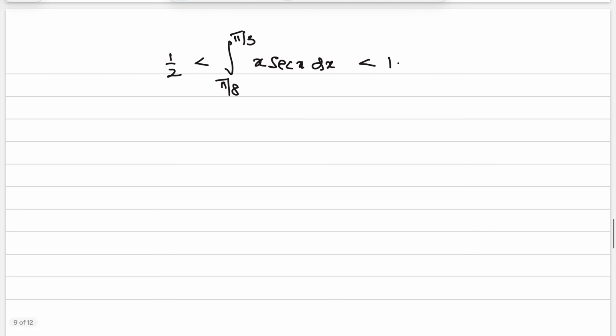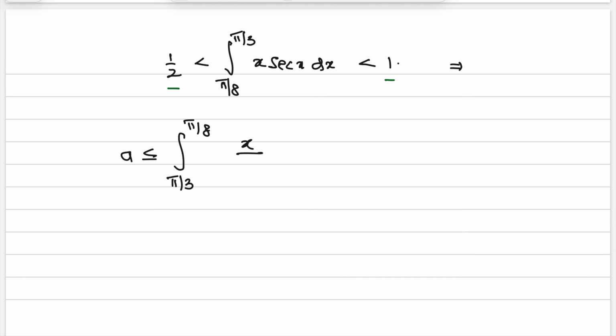That means the given definite integral lies between 1 and half. 1 on one side and half on the other side. When you take out, because the given question is not this one, given question is a less than or equal to integral pi by 3 to pi by 8 x by cos x dx is less than or equal to b.